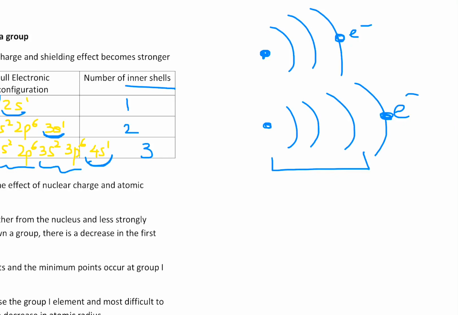They're going to screen the force of attraction of the nucleus to the electron. So the more shells in between, the more the shielding effect, and a higher shielding effect means that ionization energy is going to be lower. So as inner shells increase, ionization energy is going to decrease down a group.